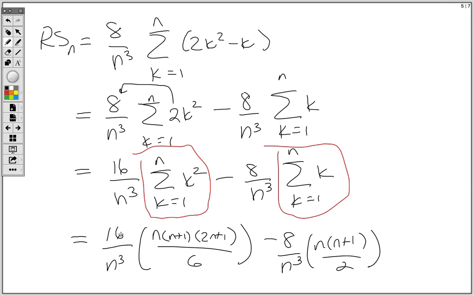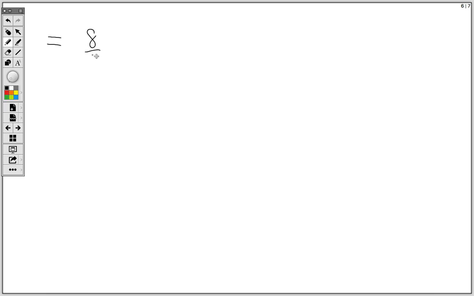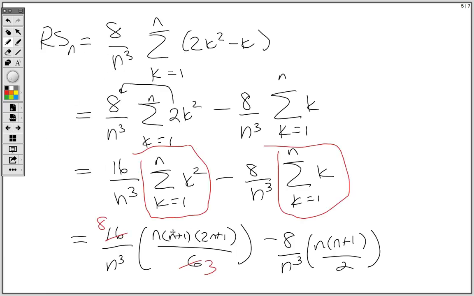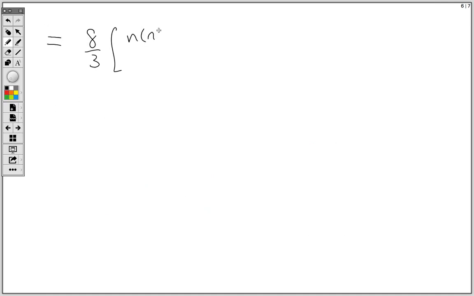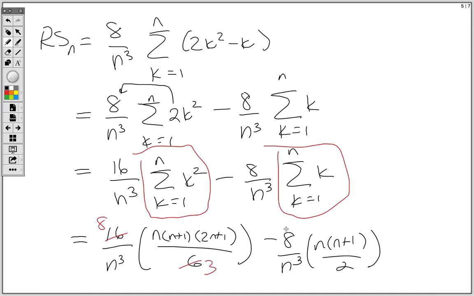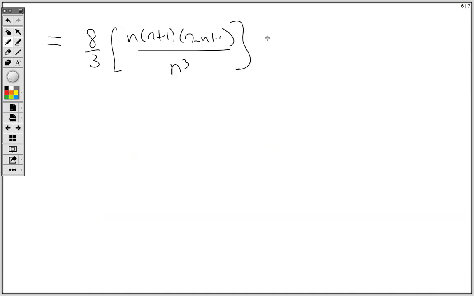I've got a 16 over 6, which simplifies to 8 thirds. And I've got n times n plus 1 times 2n plus 1 over n cubed. And then here I can cancel and get a 4, times n times n plus 1 over n cubed.